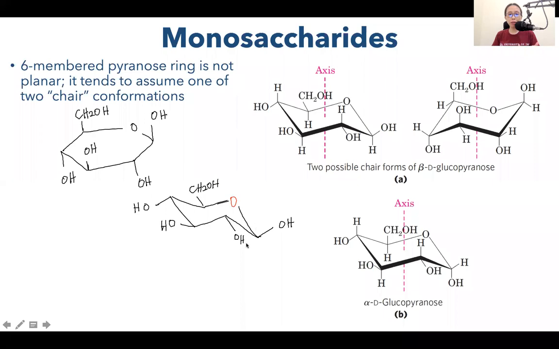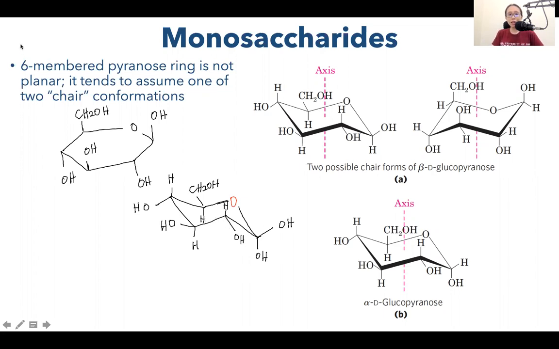For example, here at carbon 1, your OH functional group is at an equatorial position, and the other hydrogen bonded to carbon 1 is in the axial position. For carbon 2, the same: the OH is in the equatorial position and the hydrogen is in the axial position. It's actually the same for carbon 3 and carbon 4. And for carbon 5, your hydrogen is also in the axial position.